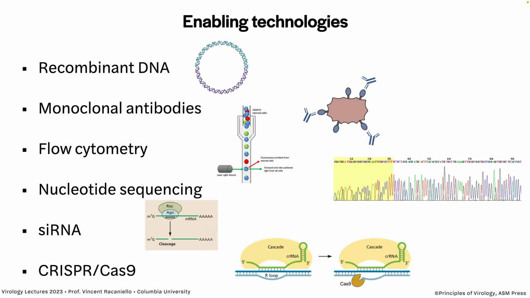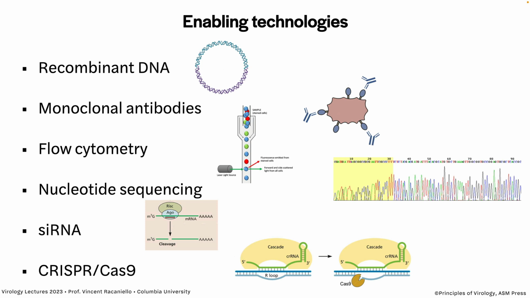But after that year, many enabling technologies were developed, and they're listed here, including recombinant DNA, the ability to clone genes, monoclonal antibodies, an antibody against a single epitope, a single amino acid sequence, not a mixture as you would have in your serum. Flow cytometry, the ability to use antibodies to sort single cells with a particular protein on the surface. Nucleotide sequencing, of course, so you could sequence the genes.